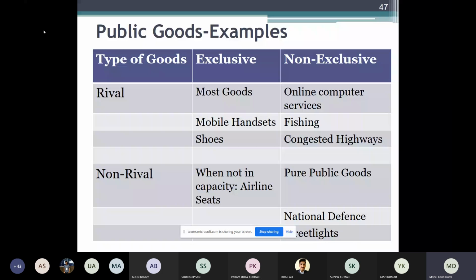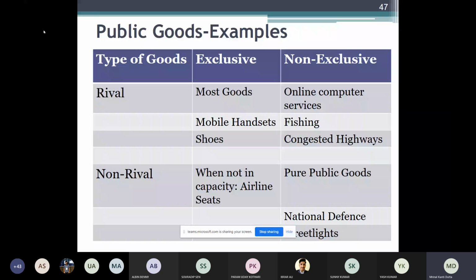Congested highways, we have given the example of highways. Highways are normally considered to be non-rival in consumption. But if it is a congested highway, the amount of space available in the highway will be lesser and lesser. So we find different examples for different activities. Another example that we have tried to incorporate here is online computer services. Of course, it depends.